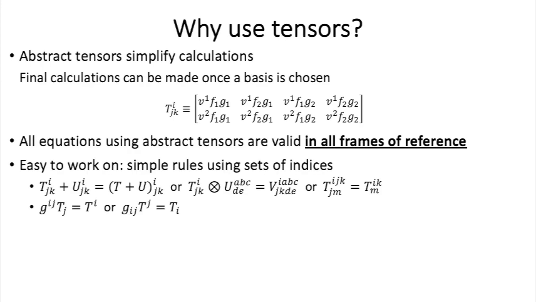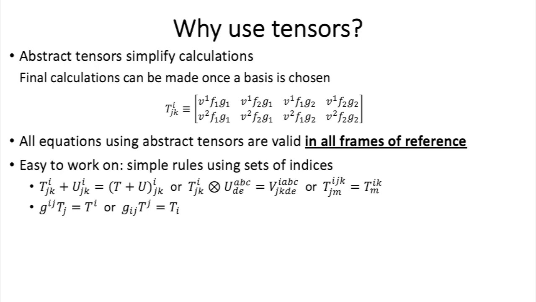So to summarize, abstract tensors simplify calculations. Then you can choose a basis and do all the calculations with the elements of the tensor. All equations using abstract tensors are valid in all frames of reference, and that's really key for relativity.